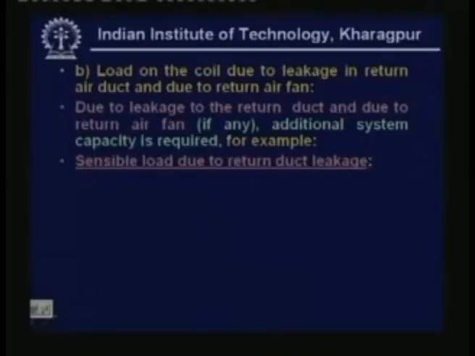For example, sensible load due to return duct leakage is given by Q sensible due to duct is equal to U subscript INS into A exposed into T naught minus Ti, where U subscript INS is the overall heat transfer coefficient of the return air duct and A subscript exposed is the exposed area of the return duct.